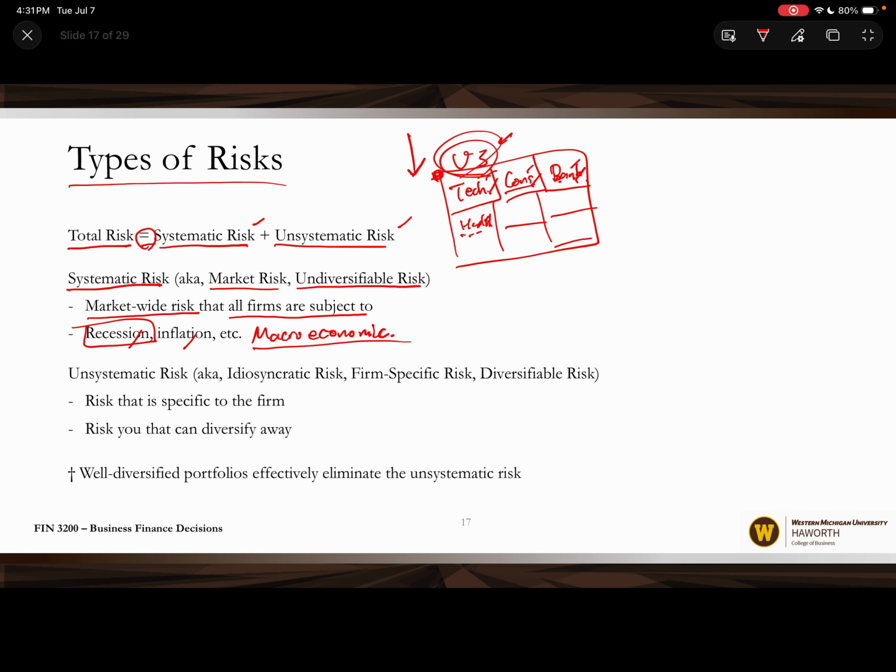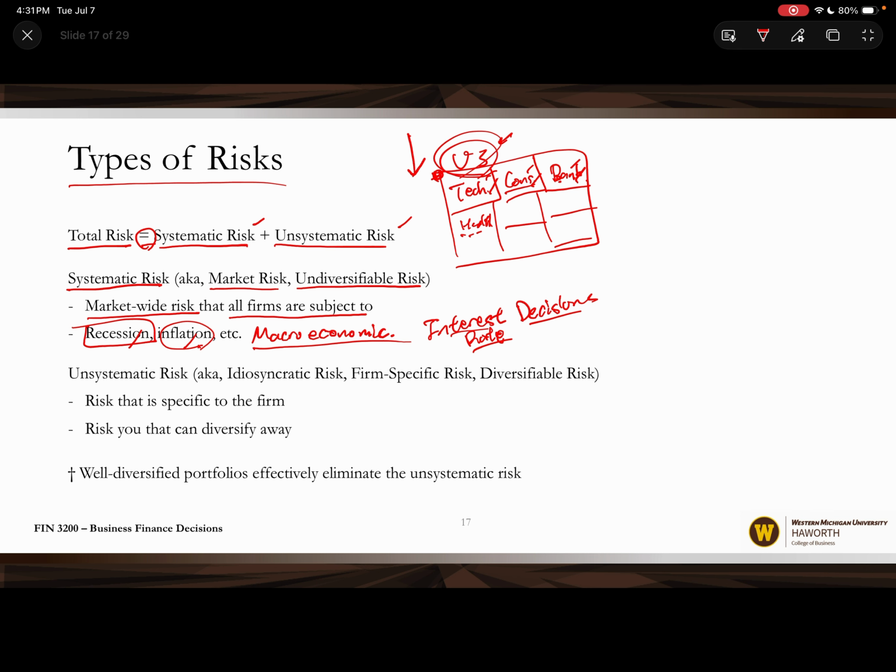Similar story with inflation, and also with interest rate decisions from the Fed. Things like that. So that's a market-wide risk.